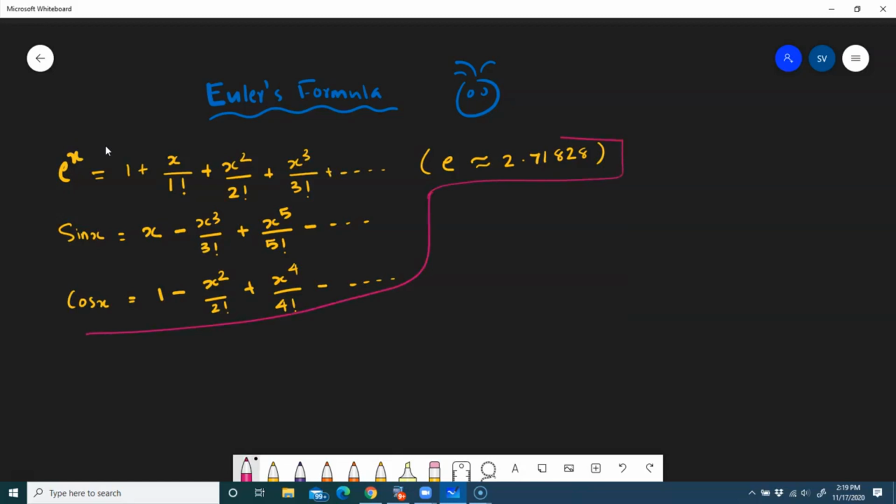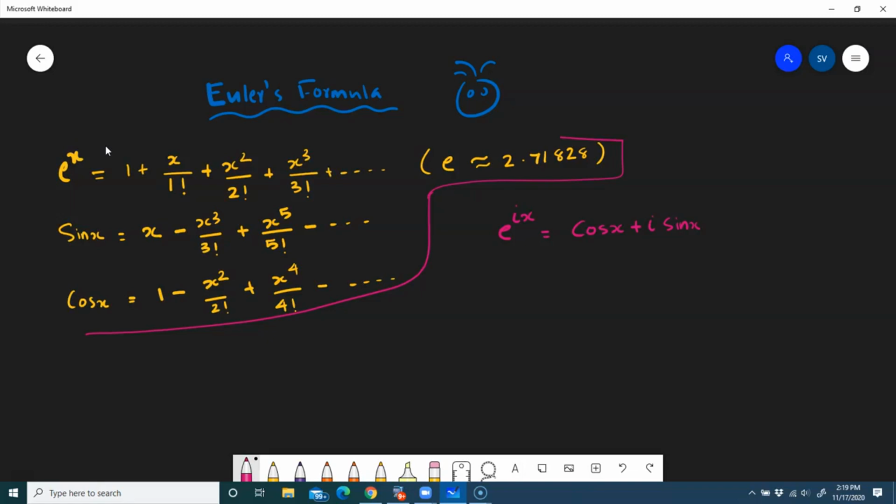Euler's formula states that if x is a real number, e raised to ix can be written as cos x plus i sin x. This is the Euler's formula statement. We want to prove it. Okay, we can try.